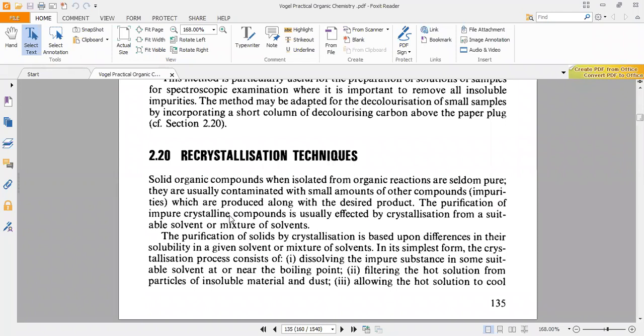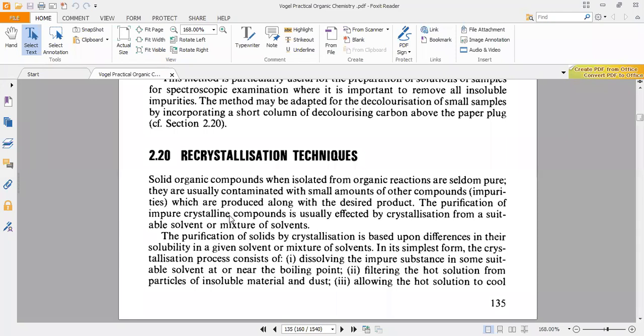It is not a good solvent for crystallization. So the solvent we are using shouldn't dissolve solute and impurity to a high extent. It shouldn't be highly dissolving.